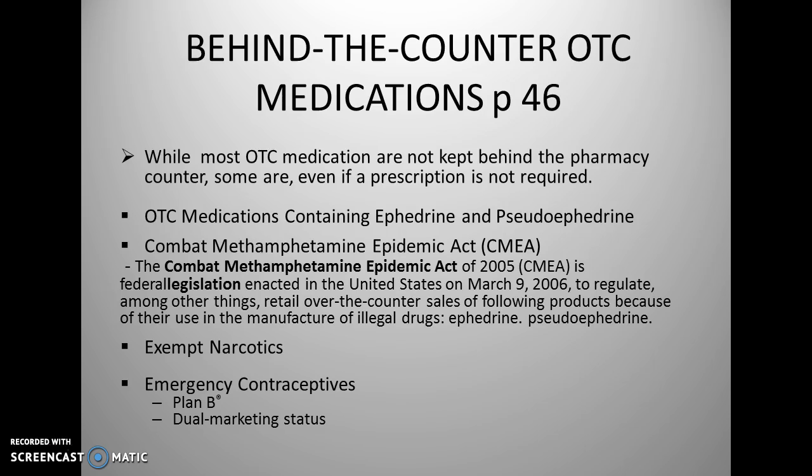Dual marketing status means it has an over-the-counter drug status and also a prescription status. Under the age of 17, it must be prescribed, but the pharmacist may sell Plan B without a prescription to individuals 17 years or older.